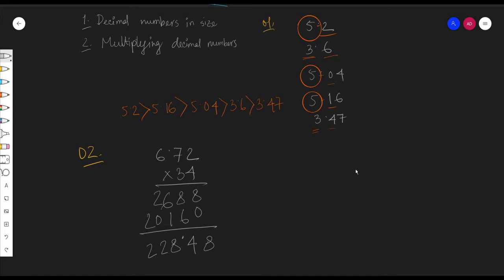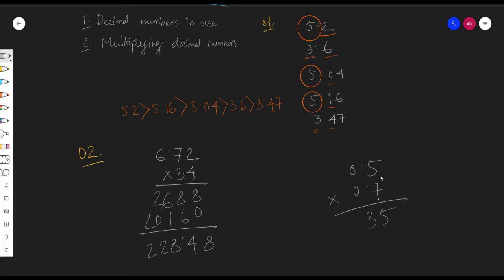Let's say 0.5 and 0.7. If we multiply these two, 5 7s are 35, and we know 0 doesn't give any value. While multiplying, the decimal places are added.